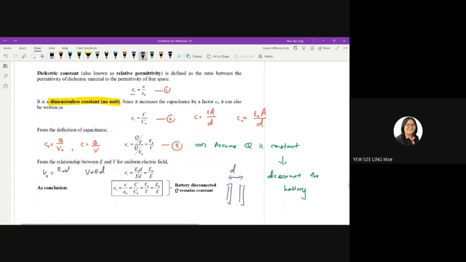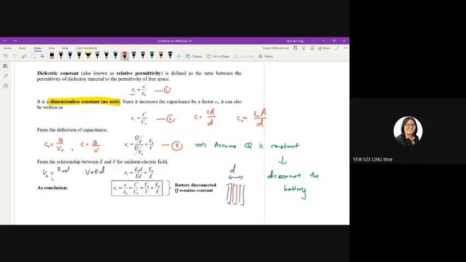Some students have a misconception: they think that by inserting dielectric, they will have a smaller D. No. The distance between the two plates is fixed, unless the question tells you to change the value. Otherwise, it's constant. Inserting dielectric or not won't affect your D.